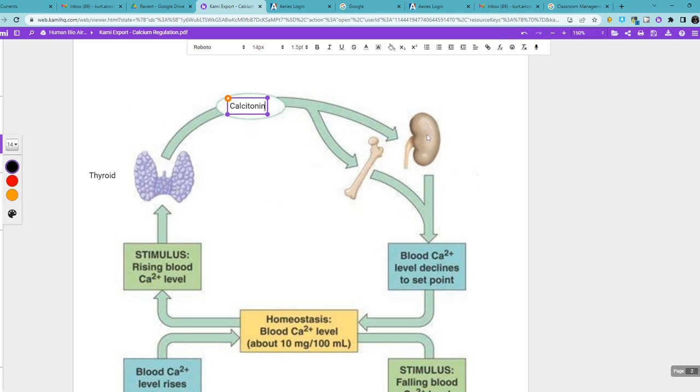First is a bean-shaped organ. Definitely should know this because we just had it on our lab practical. We've been talking about it most of the year. It's called the kidney.